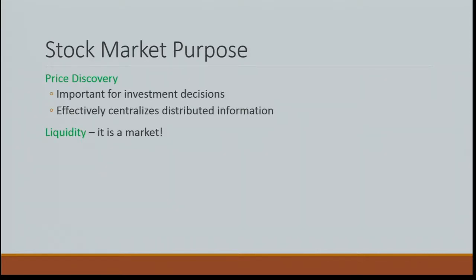So price discovery is really important, and this is how the economy works. It's been going on for ages. Price discovery has been going on even before people understood that it was going on. It's a very fundamental human trait, or a collective human trait.